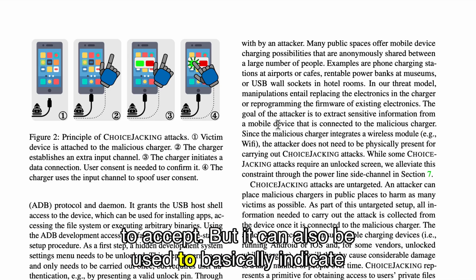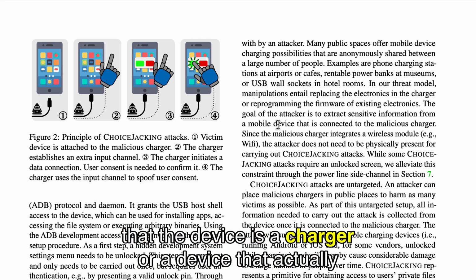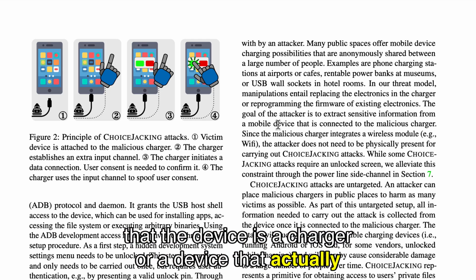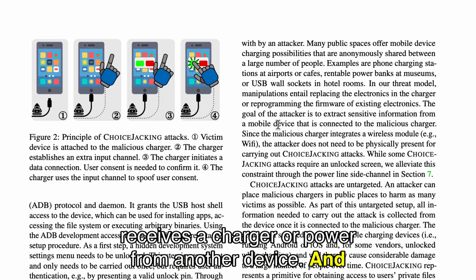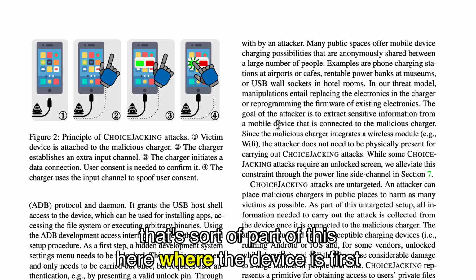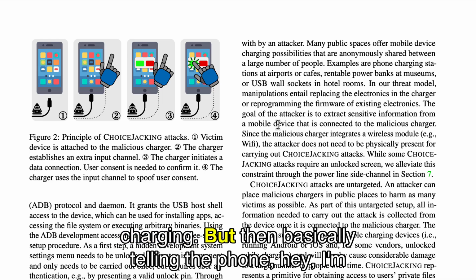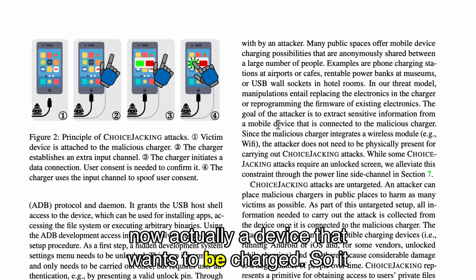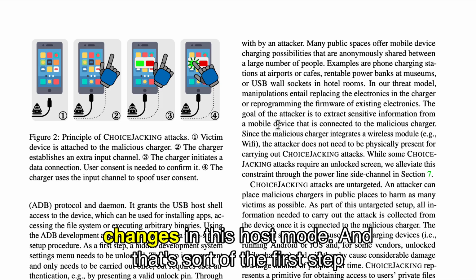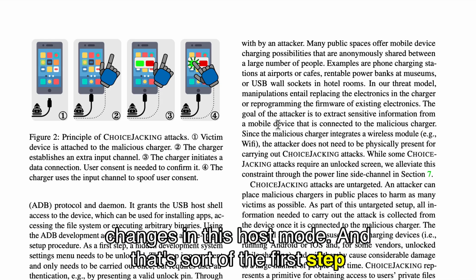But it can also be used to indicate that the device is a charger or a device that receives a charge or power from another device. And that's part of this, where the device is first charging, but then tells the phone, hey, I'm now actually a device that wants to be charged. So it changes into host mode. And that's the first step here.